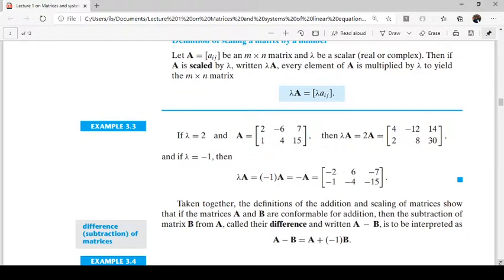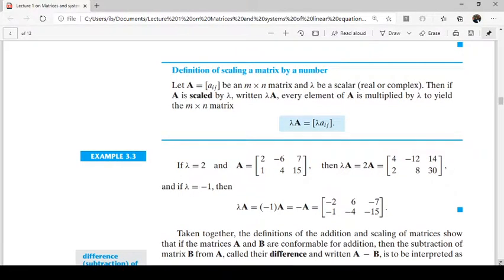Definition of scaling a matrix by a number. You multiply a matrix Aij, that's an M times N matrix, by a scalar. A scalar can be a real or a complex number. For example, I have lambda to be the scalar. I can scale the matrix by just multiplying that matrix by lambda.